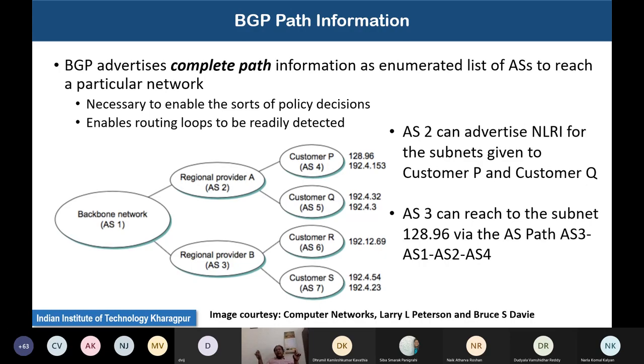And that way, in this entire path information, if an AS appears twice, you can immediately identify that there is a loop. So that means whenever the network layer reachability information is being propagated in the network and you construct that AS path information, the AS path should not contain the same autonomous system twice.